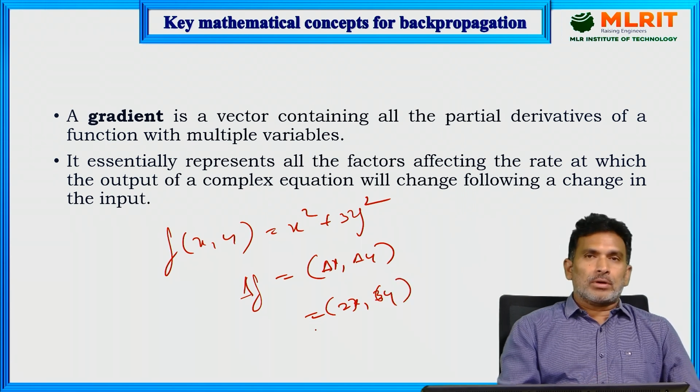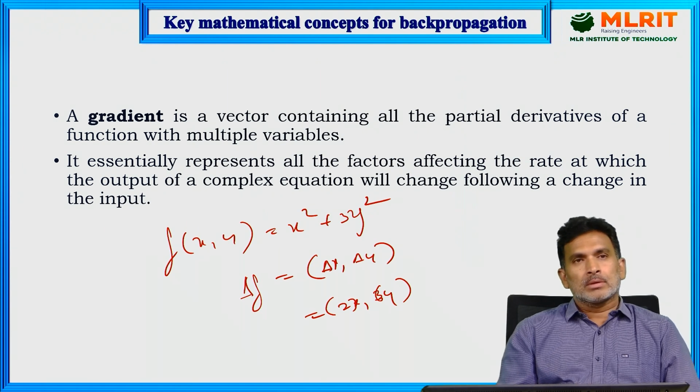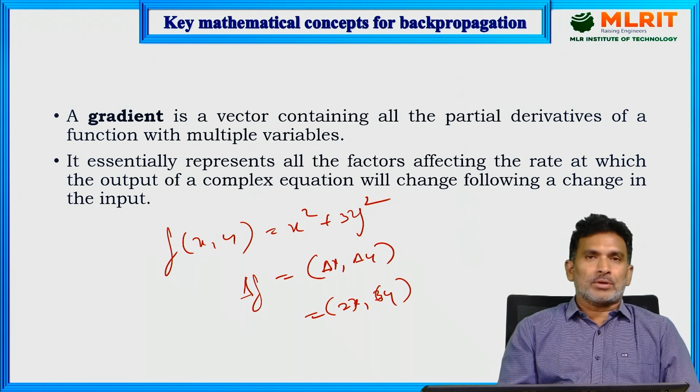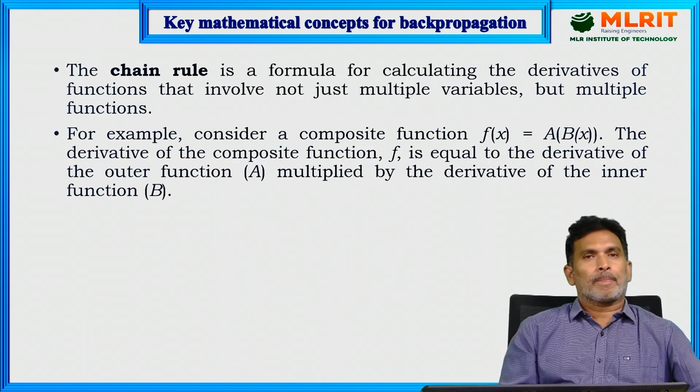So it's a vector containing all the partial derivatives of a function with multiple variables. It essentially represents all the factors affecting the rate at which the output of a complex equation will change following a change in the input.